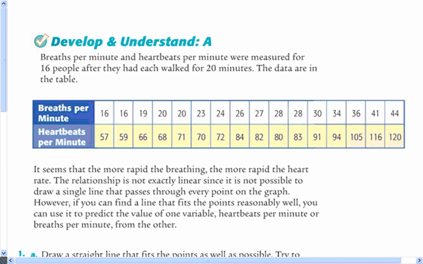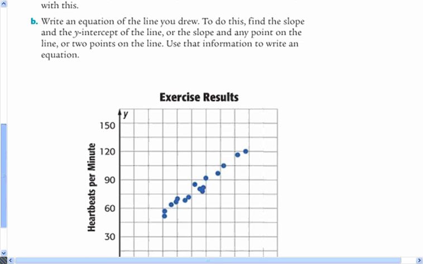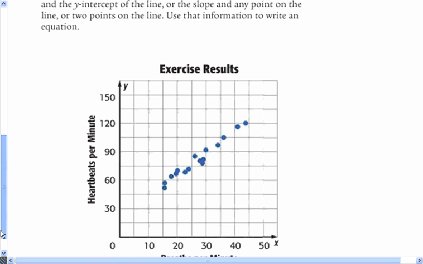So the higher the breaths per minute, the higher the heartbeats per minute should be. Now these are actual data from people who did some walking for 20 minutes. And you could probably figure out also that the higher their heartbeat, probably the worse shape they're in. So here's the graph of all that data.